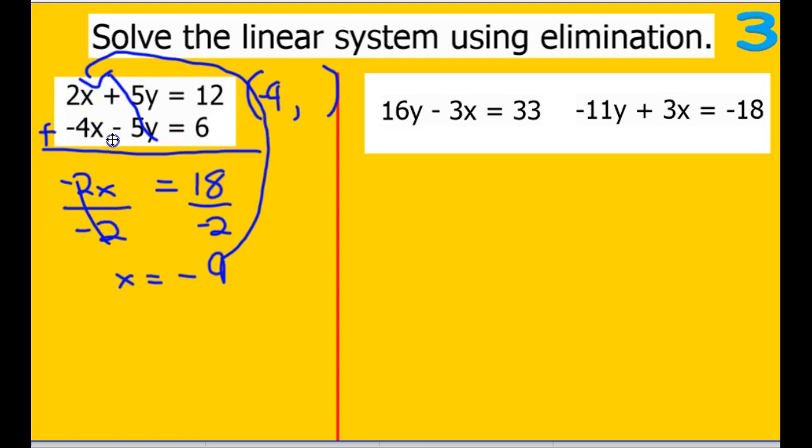We'll plug it in for this one. So we get 2 times negative 9 plus 5y equals 12. Now if we solve this, we'll get our y because that's the only variable we have left.